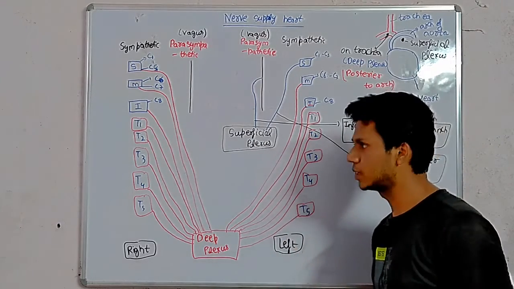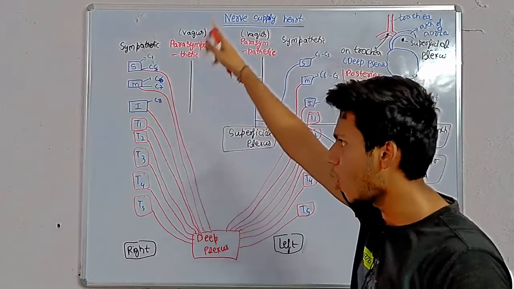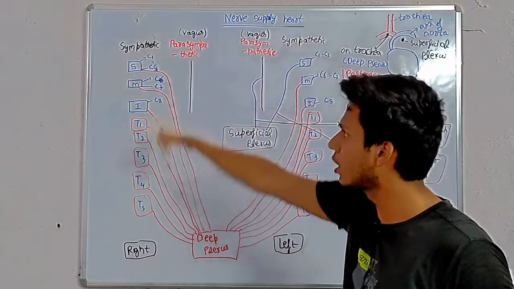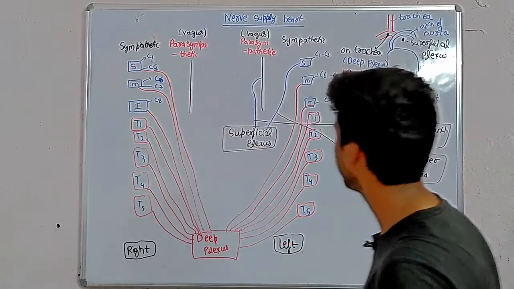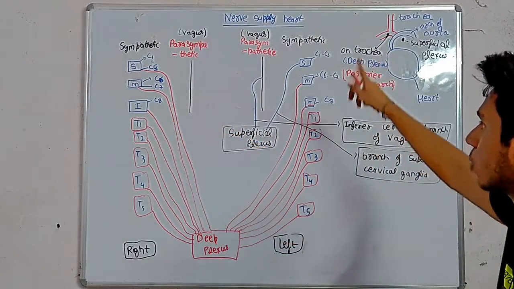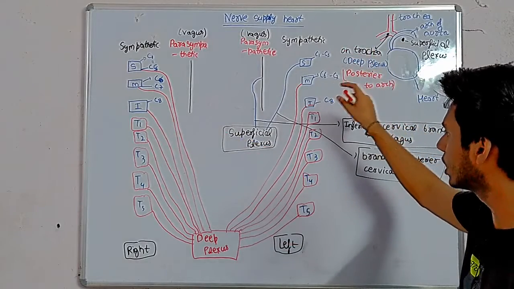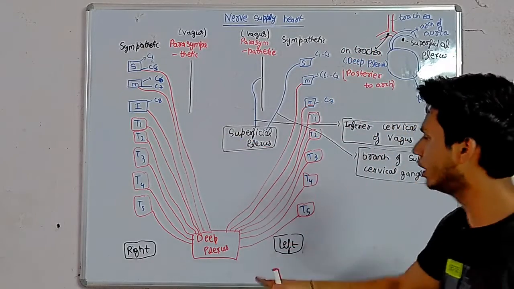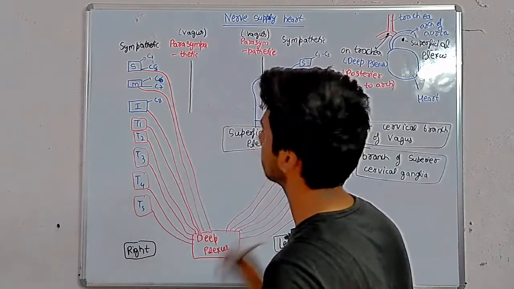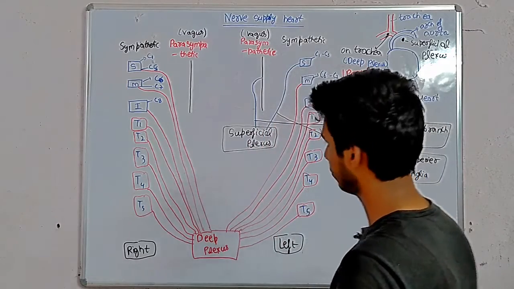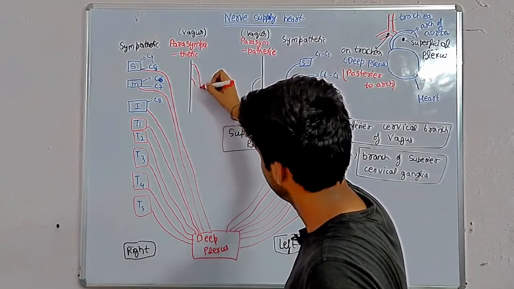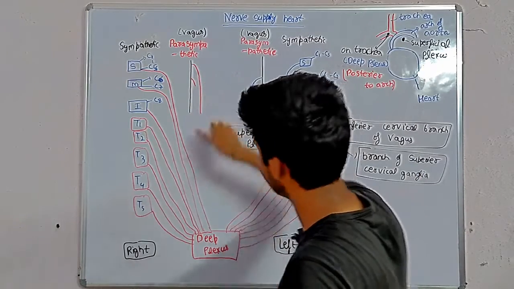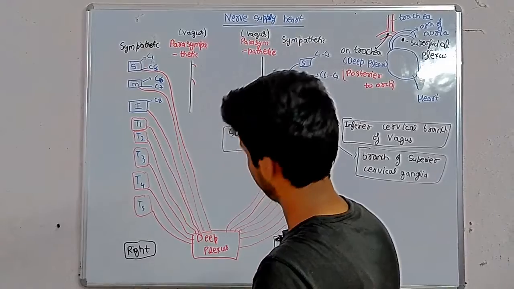Now come to the parasympathetic supply. The sympathetic supply on the right side has nerves from the superior, middle and inferior ganglia and T1 to T5. On the left side, no nerve from the superior ganglion, just middle, inferior, and T1 to T5. All these go to the deep plexus. Next, from the parasympathetic supply, there are three nerves on the right side.